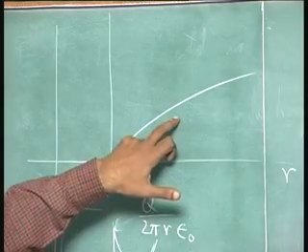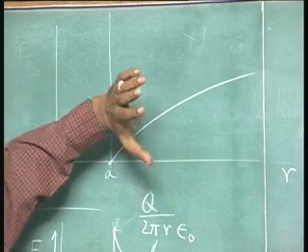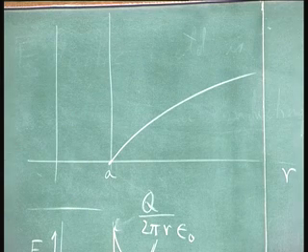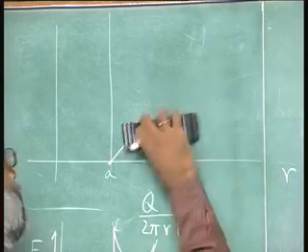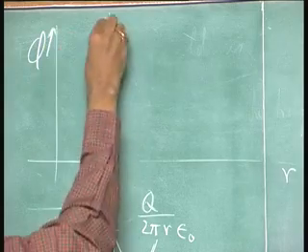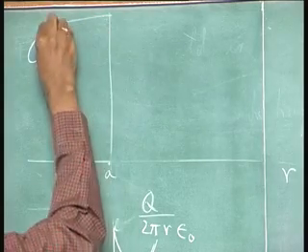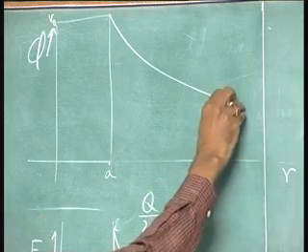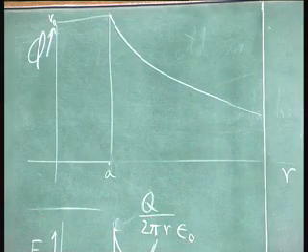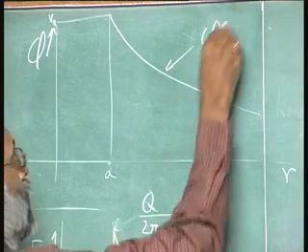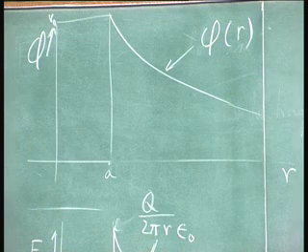This function multiplied by something subtracts from the starting voltage. So this is phi, this is the value V naught, and you will get a slowly decaying value which is the potential as a function of r.